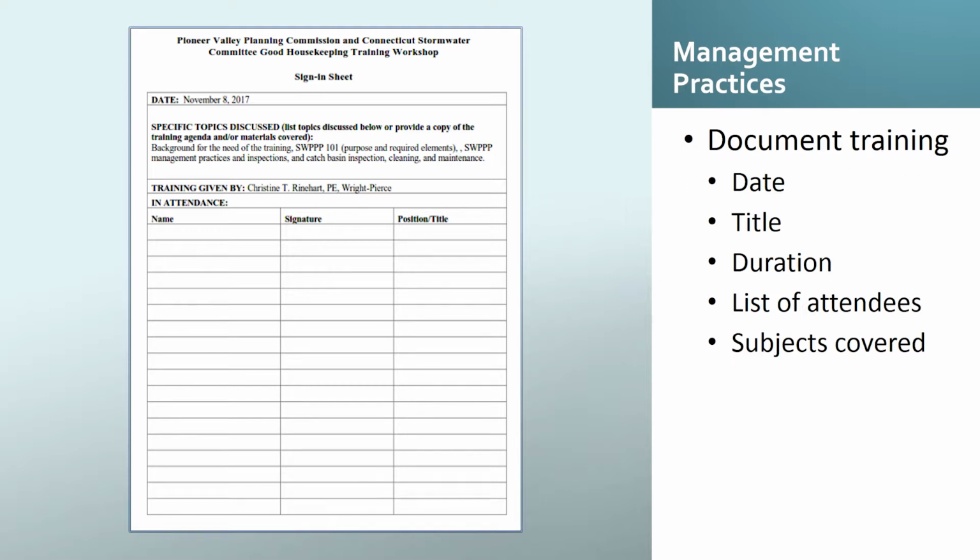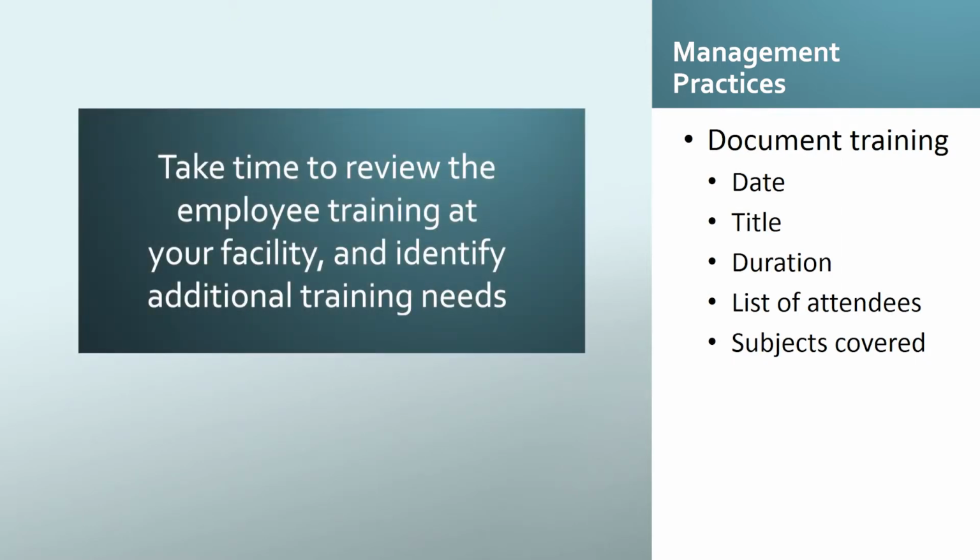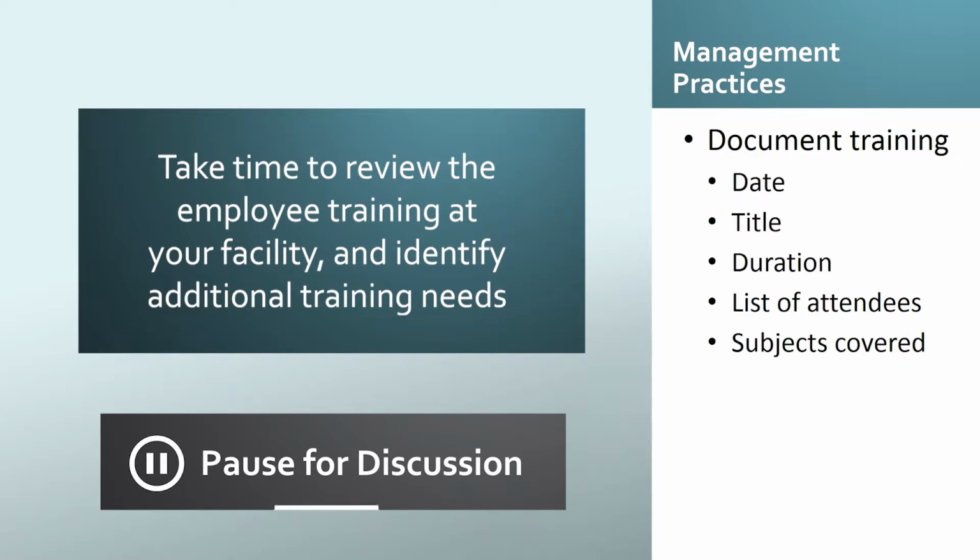Like today, I listed myself, but you would list whoever was your on-site trainer for the specific training that you gave. And if you're watching the video, you could reference the video and any additional trainers that were involved in the training. Take time to review employee training at your facility and identify additional training needs.